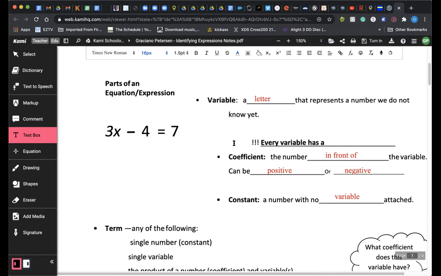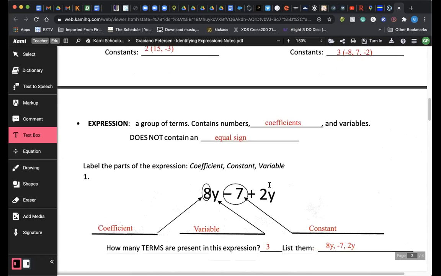That means the 3 is a coefficient. A constant is a number with no variable attached. So the numbers with no variables attached are -4 and 7. Those are our 2 constants. A constant has no variable, no letter. A coefficient is attached to the variable. When I don't see a number attached to the variable, I assume that number is 1.